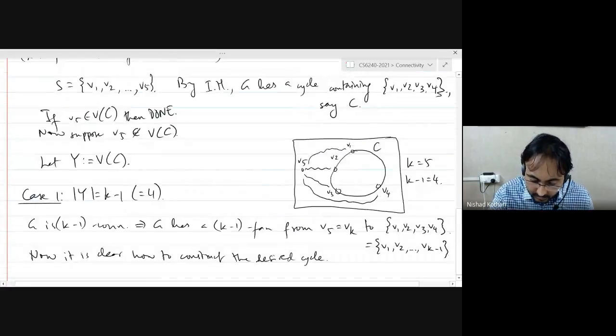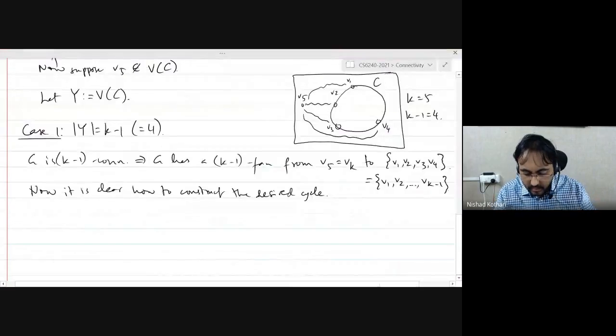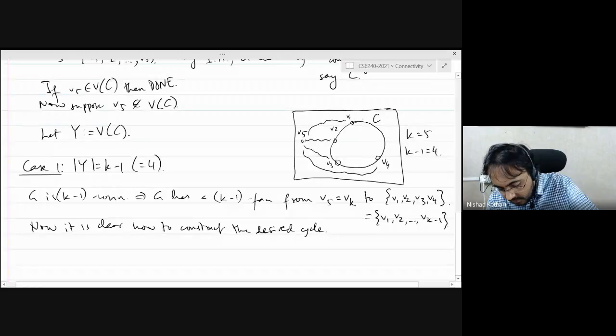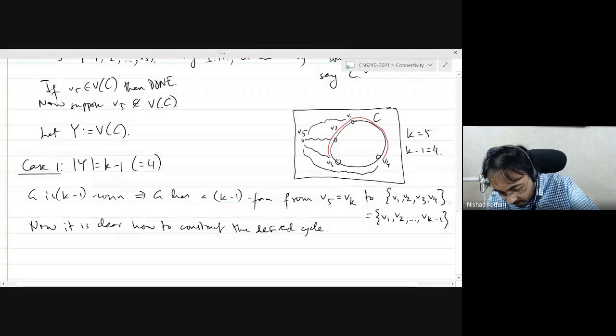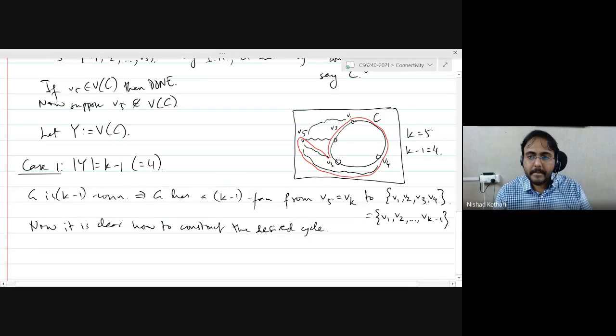Right? Just for the sake of illustration, I could take my cycle to be the cycle as it is, along with two of these paths. Right? Okay. Is this case clear?